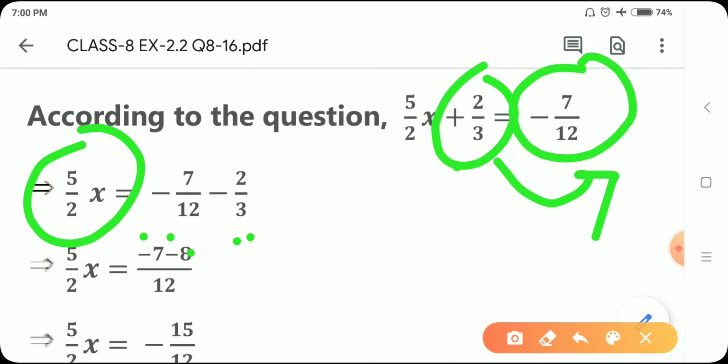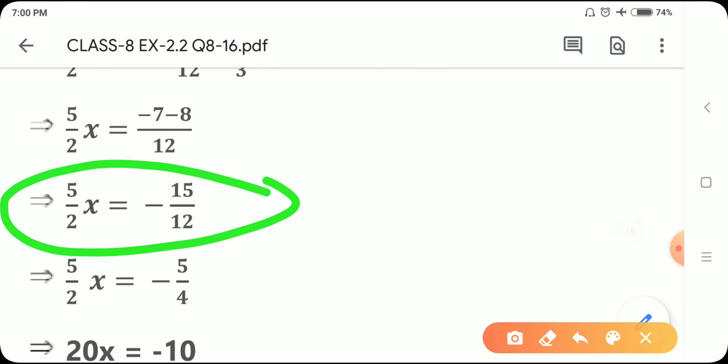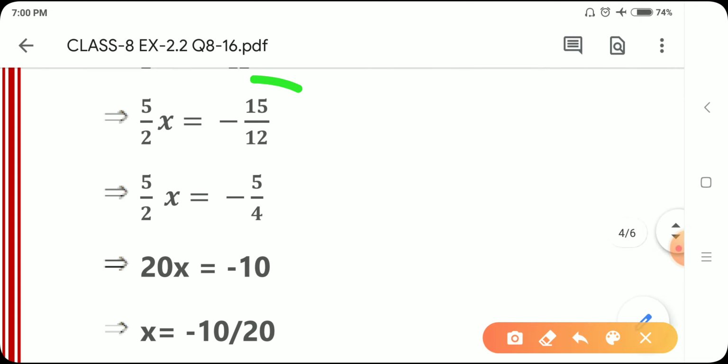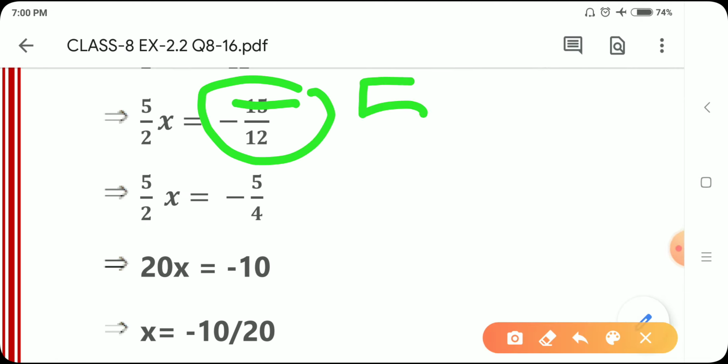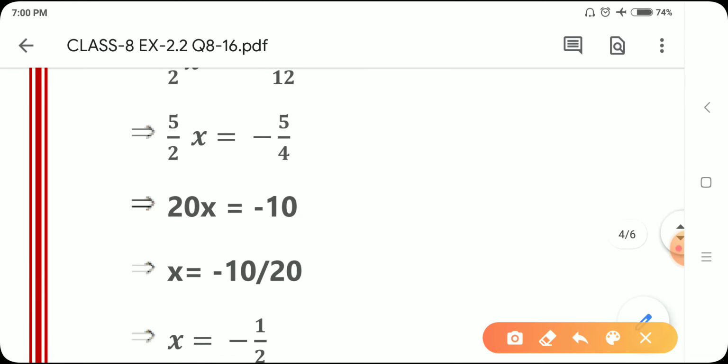This plus 2 by 3 will become minus 2 by 3 here. So after taking LCM and solving, you will get 5 by 2x is equal to minus 15 by 12. Now solving this, you know that 3 5s are 15 and 3 4s are 12. So it will become minus 5 by 4. Now by cross multiplying, this 4 comes here and this 2 comes here.